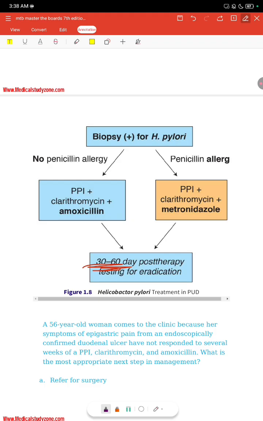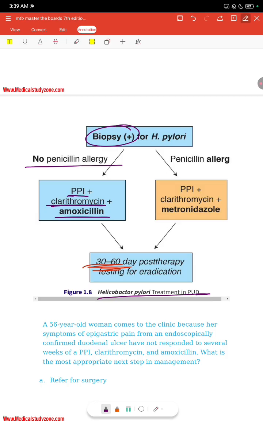So here is the Helicobacter pylori treatment in peptic ulcer disease. If the biopsy is positive for H. pylori and the person is not allergic to penicillins, give PPI, clarithromycin and amoxicillin, triple therapy.